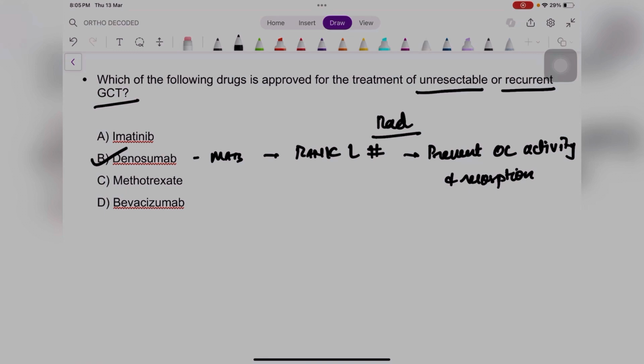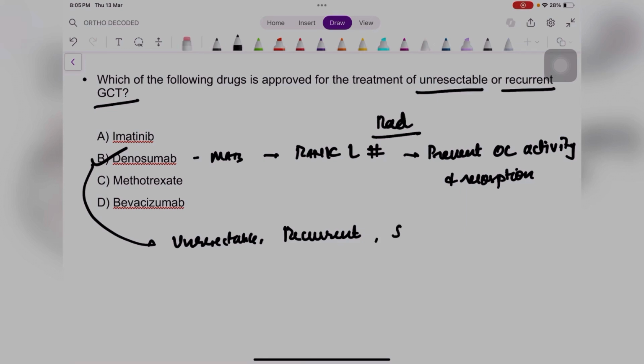Okay, so where can it be used? It can be used in unresectable tumors, recurrent tumors, or the patients who are very morbid and can never undergo surgery, or patients whose surgery can cause significant morbidity.